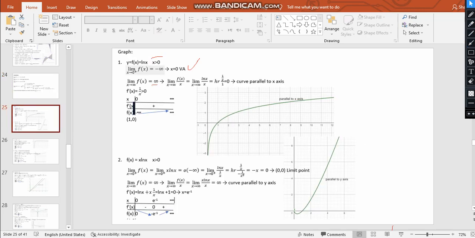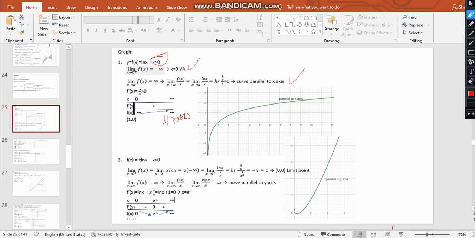So we do now the derivative. It's 1 over x. Since x is positive, it's always increasing, so it's plus. So as x tends to 0 you have minus infinity, and as x tends to infinity you have infinity, but how? Parallel to the x-axis. You can take particular points by using the table in the calculator.